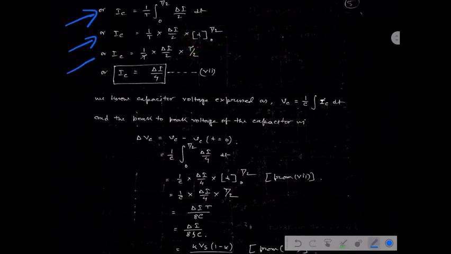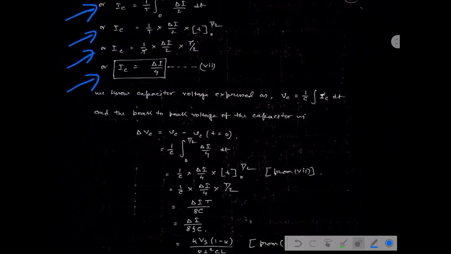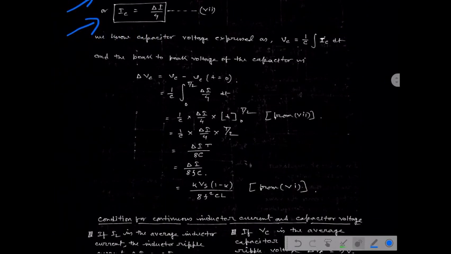By satisfying this, IC equal to 1 by T into del I by 2 into T by 2. This part will be cancelled by each other. So ultimately we get the result IC equal to del I by 4. So this is the value of IC, del I by 4.